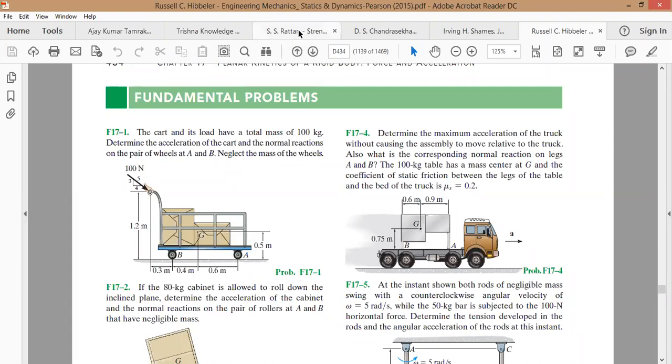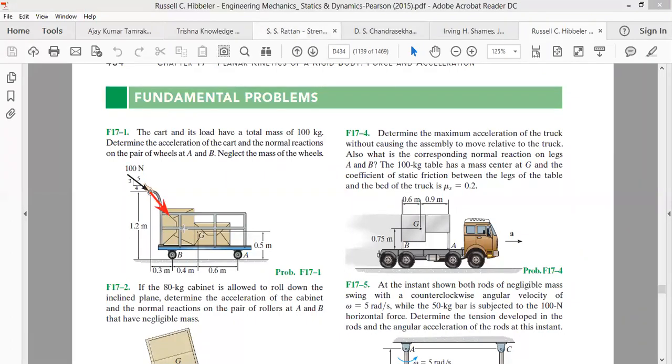As far as the question is concerned, some force is being applied on the cart. A force of 100 Newton is applied at some angle, because of which the cart is translating in the forward direction.